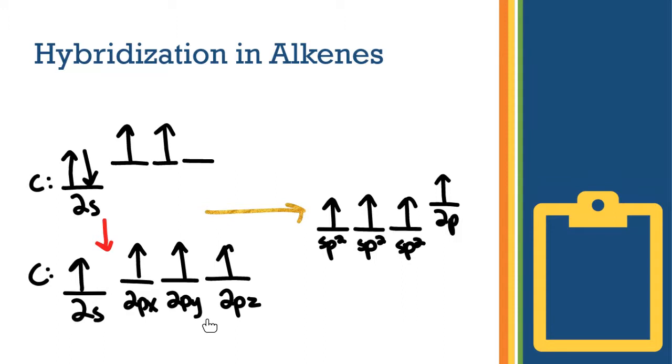So we have 1 electron in 2s, 2px, 2py, and 2pz. Okay, so after hybridization, we form 3 sp2 hybridized orbitals. And we also have 1 unhybridized 2p orbital, which is where we form our pi bond. Okay, any questions so far? Okay.